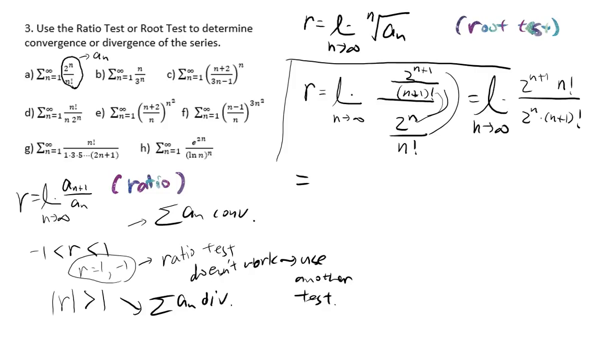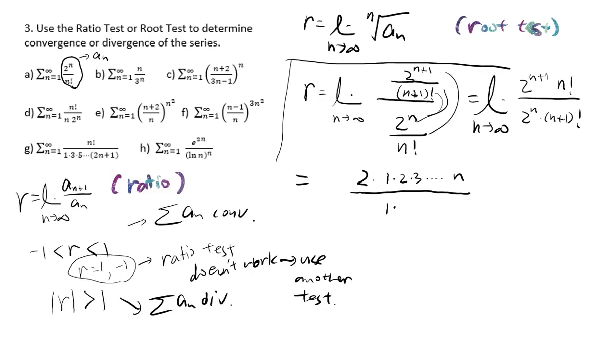Okay, now 2 to the n plus 1 divided by 2 to the n, that's easy. The exponents subtract, and you're just left with 2. But what about n factorial? Well, don't forget what n factorial means. n factorial means you start from 1, 2, 3, and you go all the way to n. You multiply everything. Now, if this is n factorial, then what does it mean to have n plus 1 factorial?